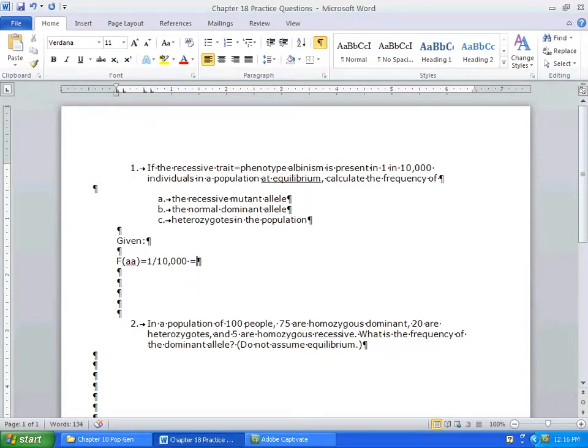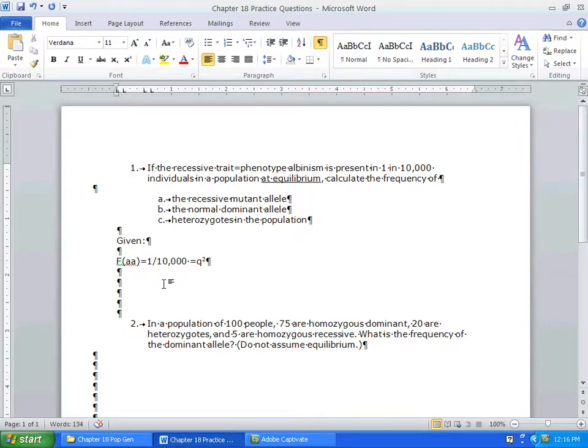And you'll remember that in Hardy-Weinberg language, the frequency of homozygous recessive genotypes is given the term q squared. Okay, so what they've given you is q squared equals 1 in 10,000. Okay, that's given.